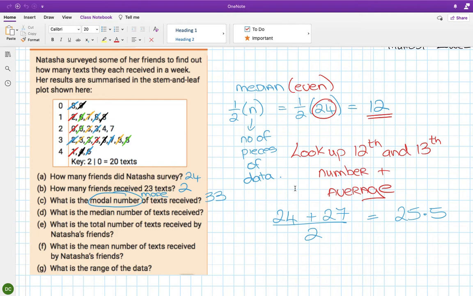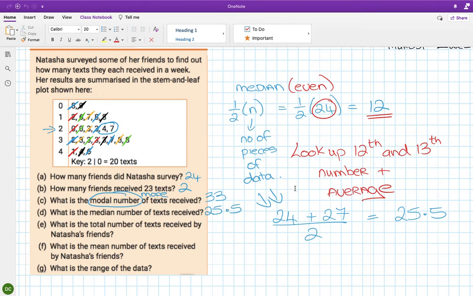So it leaves 2 numbers. When you have an even number of data points, it'll always leave you with 2. You have to take those 2 numbers, and remember it's not 4 and 7. You have to include the stem, so it's 24 and 27, which is exactly what I did down here. 24 and 27 and divide them by 2. So the median number of texts is 25.5.